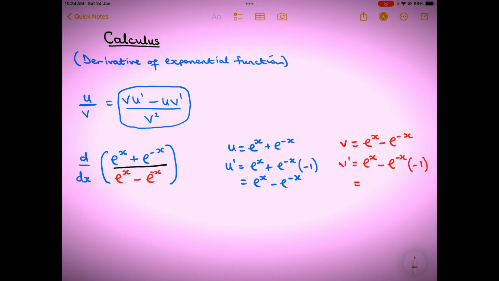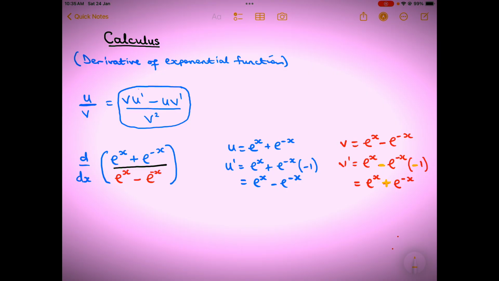So we can simplify further. The negative here can cancel out this, so I will get e to the power of x plus e to the power of minus x, because this negative sign, when you multiply it to this negative, will give me positive, right? So that is how I got this.